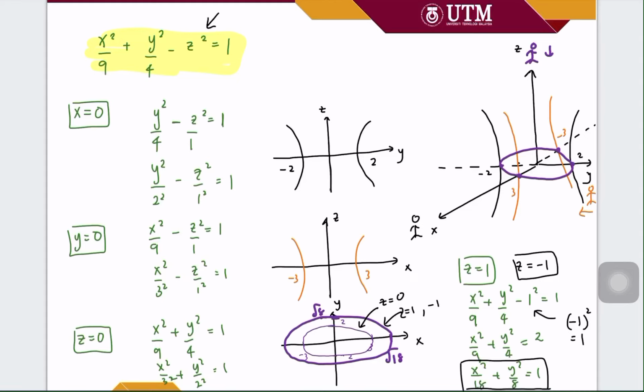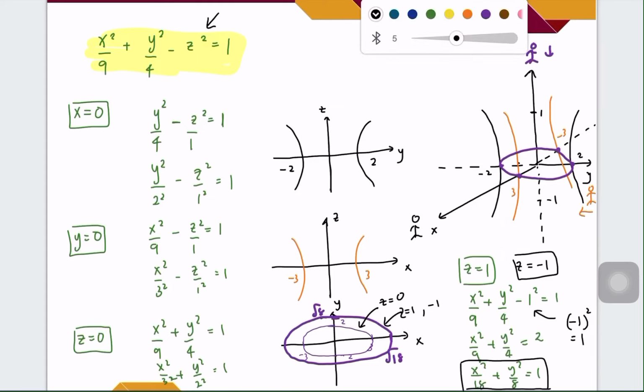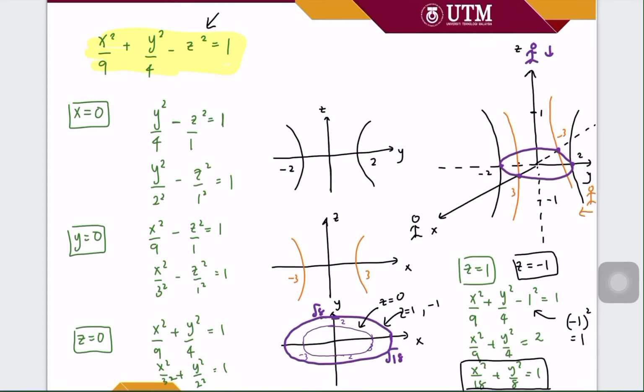Just the value of z here, let's say we have z equal to 1 here and the value of z equal to minus 1 here. So what will be the contour? The same thing, right? We'll have the bigger ellipse.